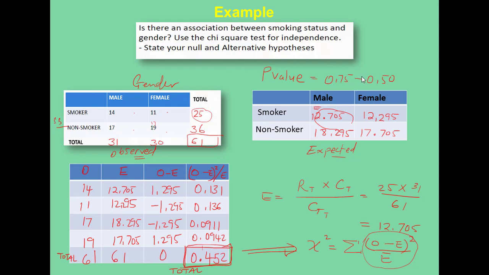So we fail to reject the null hypothesis, and the conclusion will be there is sufficient evidence to conclude that smoking status is independent of gender. Or in this particular data, whether someone smokes or not is not associated with their gender. So gender and smoking status are not associated in this particular instance. So that's using the p-value.